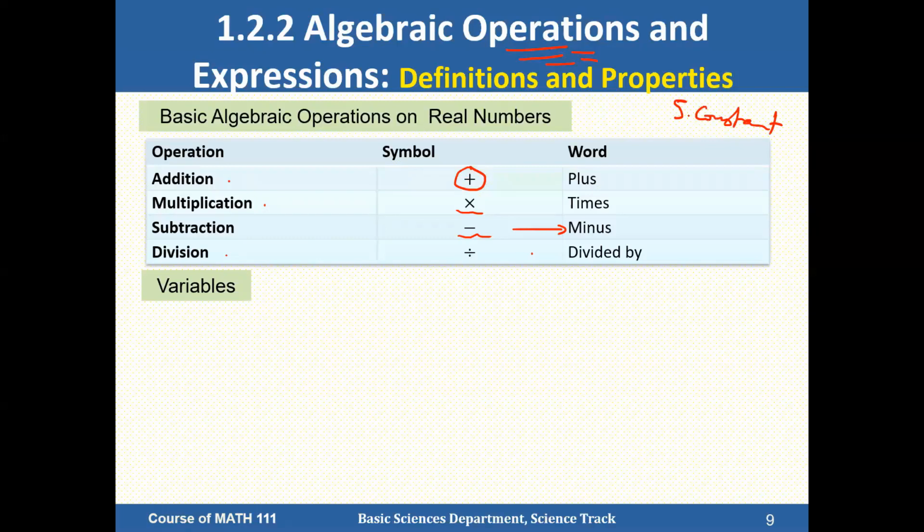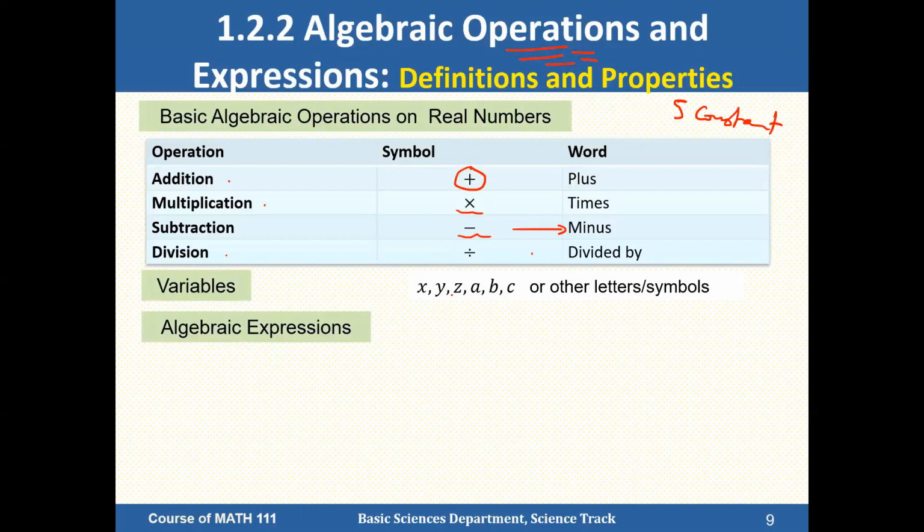A variable can take several values. So usually we represent it using a letter or symbol, x or y or z, to denote a variable.